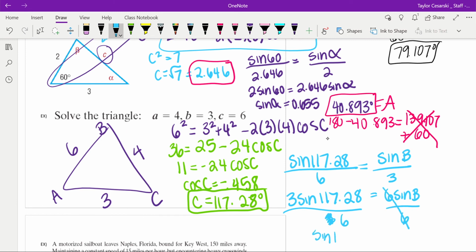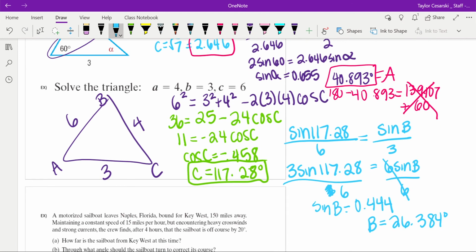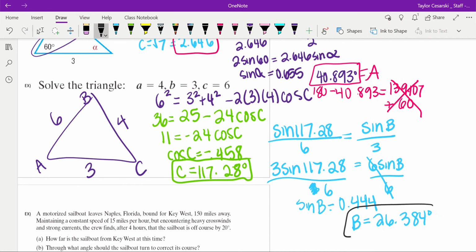So sine of B equals 3 sine of 117 divided by 6. So sine of B equals 0.444, and then we're going to take the inverse of that. So B equals 26.384 degrees. Okay, and again, if you did 180 minus that, it would give you also something obtuse, and if you added that to 117, that's not going to work. Alright, so that gives me angle B.